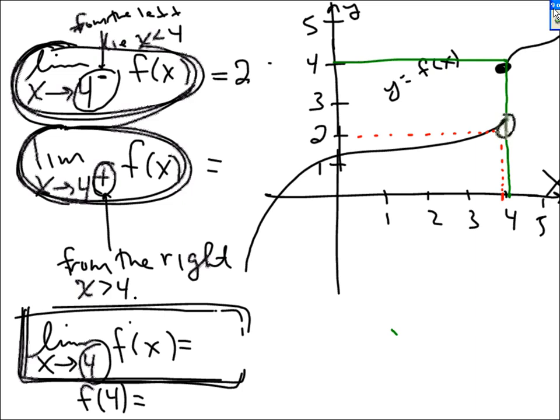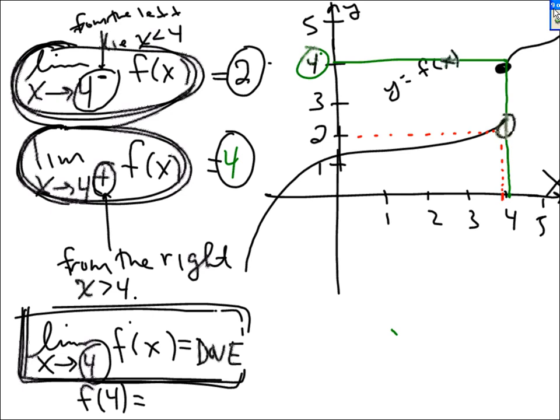And when you go across, you get 4. If you're a little bit more than 4, the y values happen to be a little bit more than 4. Since these two numbers are different, the limit as x goes to 4 does not exist.